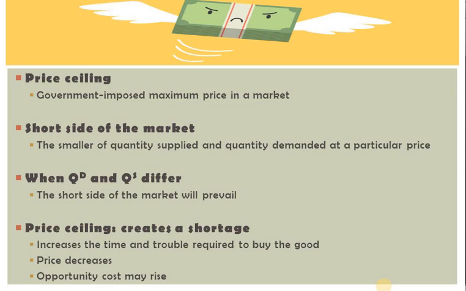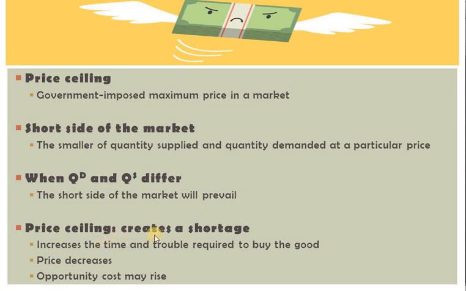Okay? Bakit po nagkakaroon tayo ng shortage? Kasi obviously, nagkaroon si government ng price na hanggang dito lang ako. So, dahil hanggang dito lang ako, paano pumapasok si shortage, no?